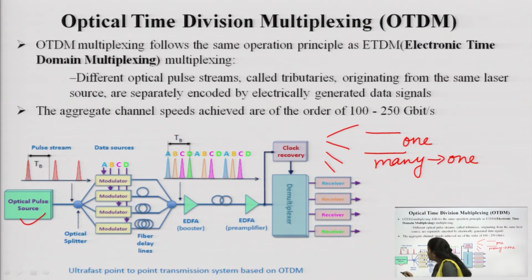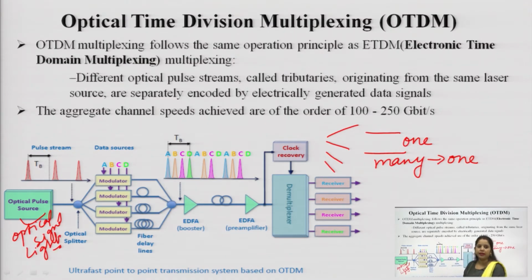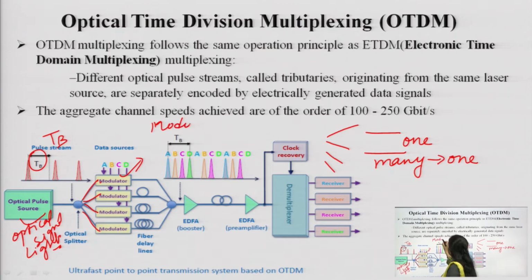The optical pulse, which is the source of an optical signal, and the light, which is the main element in the optical system, is having a pulse stream of TB. Now it goes through the modulator, because modulation is a very important process, about which we have already discussed.